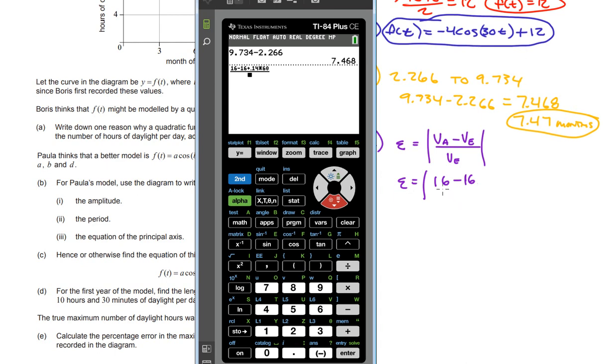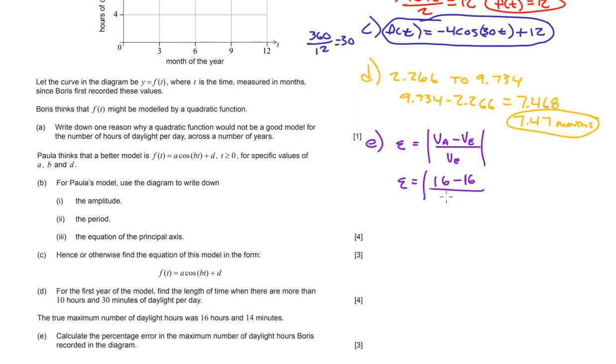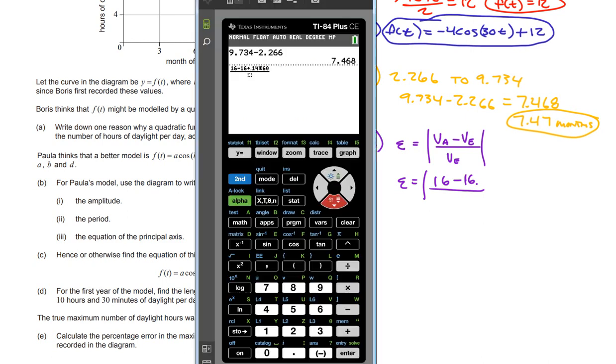And then this is all going to be over 16 point, gosh, let's figure out what that actually is ahead of time, because otherwise I'm just putting weird numbers in there. We don't know. So let's do this. I'm just going to quit and go back, clear that out.